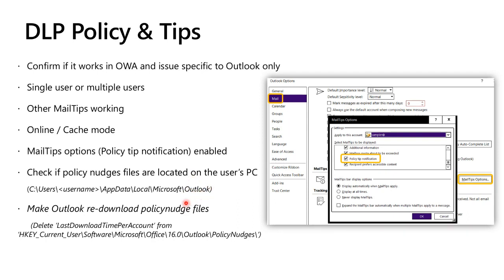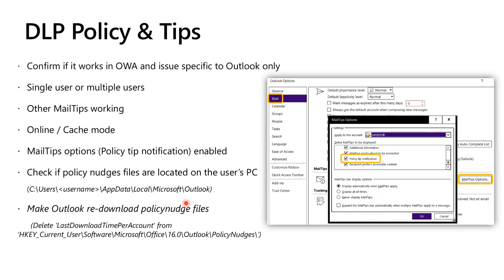The two common files are policy nudge classification definitions, which will have a GUID and a .xml file extension, and this basically has the rules package classification details. The other is policy nudge rules underscore GUID.xml, which contains the policy XML information.